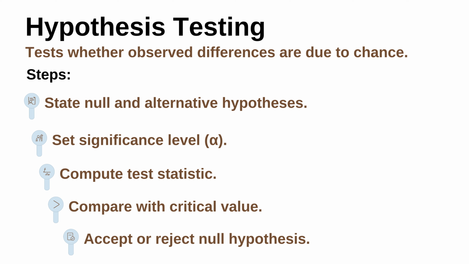We also set the significance level or the alpha, usually at 5% or 0.05, and then compute the test statistic, either the t-value or chi-square value, and then compare it with the critical value from statistical tables. Then decide whether to accept or reject the null hypothesis. This process gives structure to our design and our decision making in research.